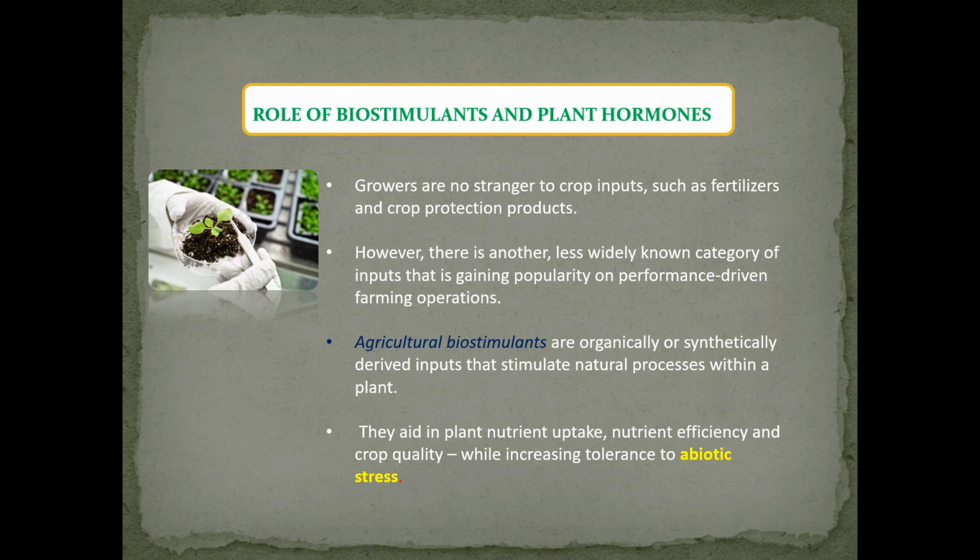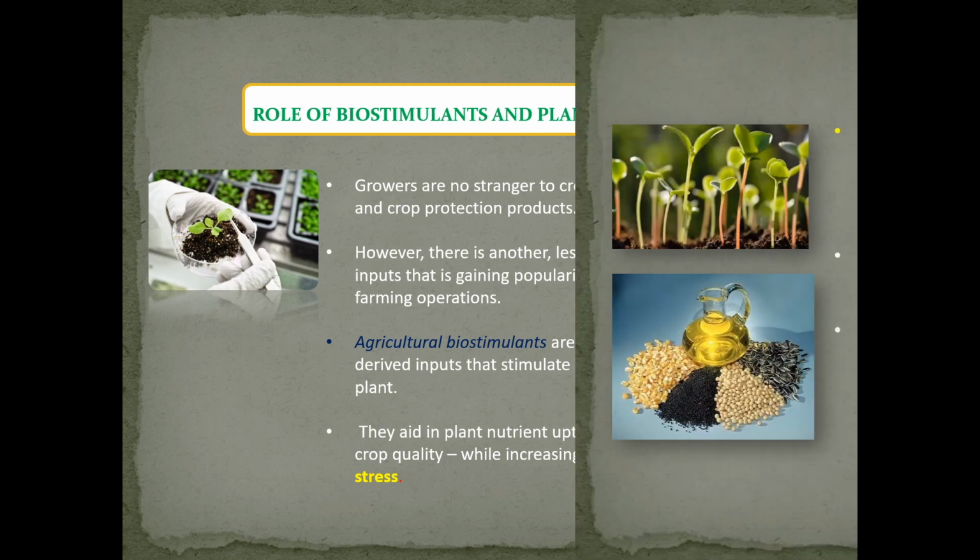Plant growers are no strangers to crop inputs such as fertilizers and crop protection products. A less widely known category of input is gaining popularity in performance-driven farming operations: agricultural biostimulants, organically or synthetically derived inputs that stimulate natural processes in plants, mainly plant nutrient uptake, nutrient efficiency, and crop quality, mainly increasing tolerance to abiotic stress.